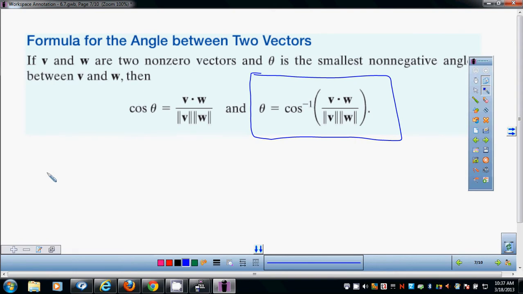The angle between is cosine inverse of the dot product divided by the product of the two magnitudes. The product of the magnitudes on the bottom and the dot product on the top.